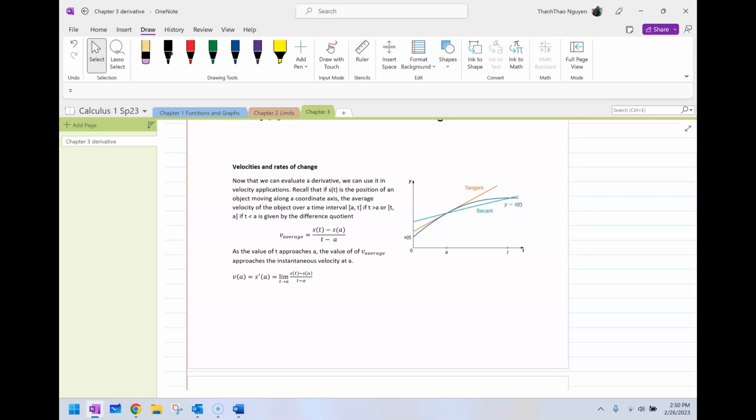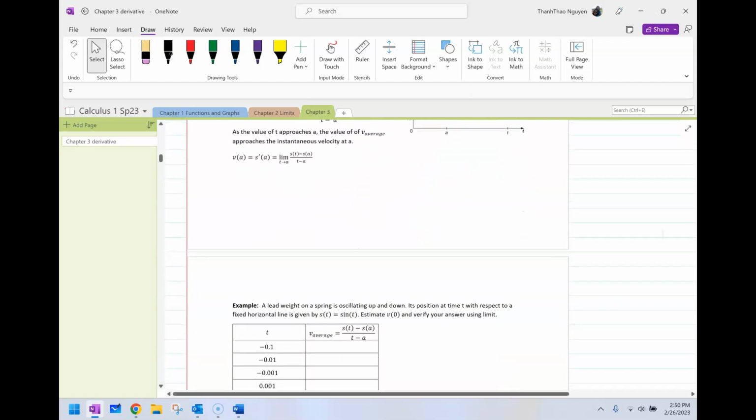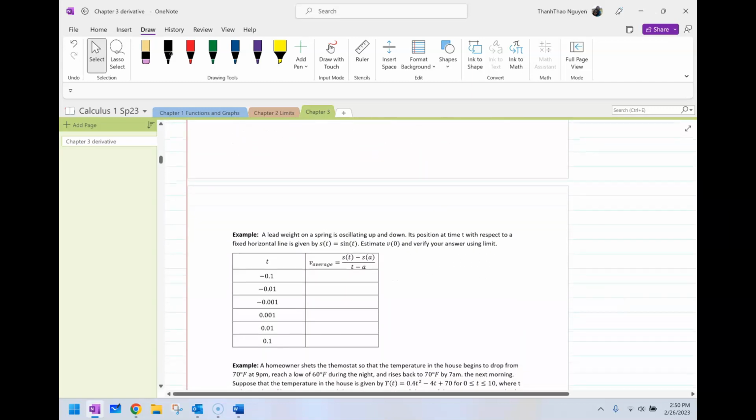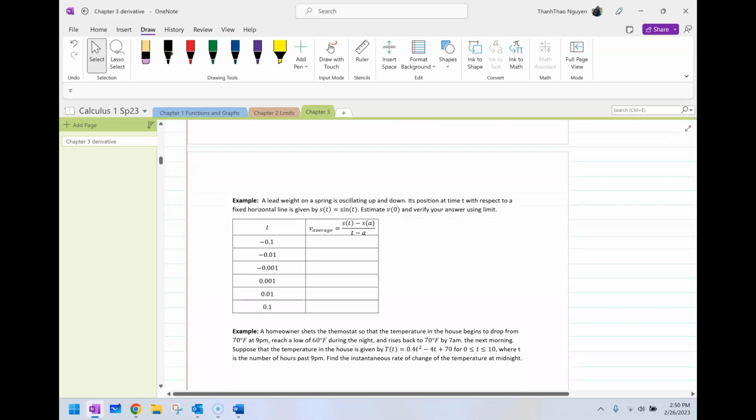Okay, so how does this work? So let's take a look at this problem. For example, a lead weight on a spring is oscillating up and down, and its position at time t with respect to the fixed horizontal line is given by s of t equals sine of t. We want to estimate v of 0, and then we will verify our answer using the limit.